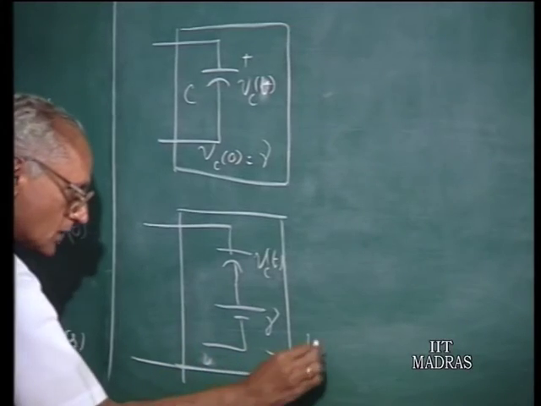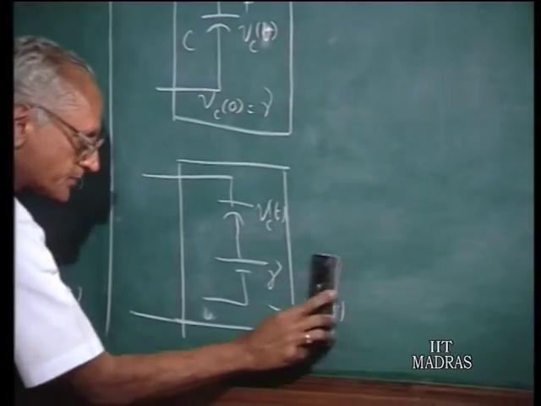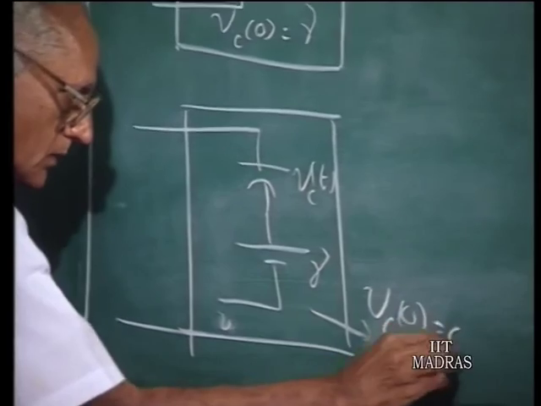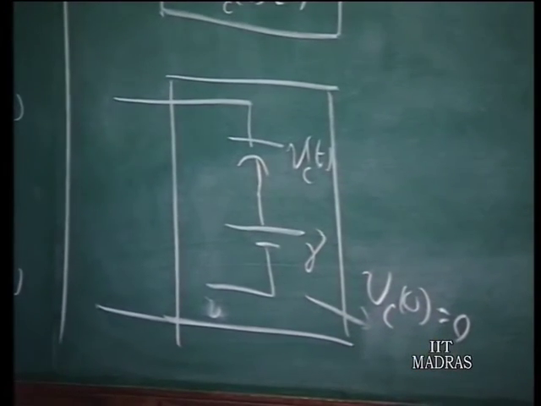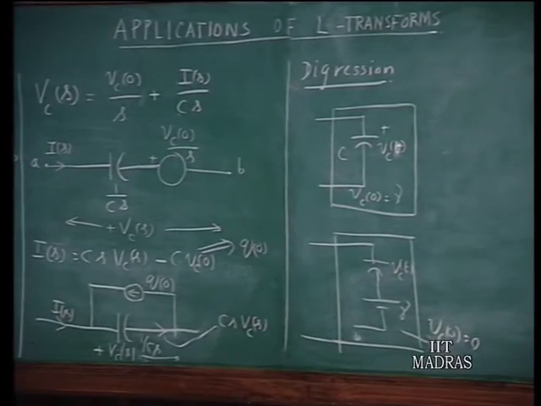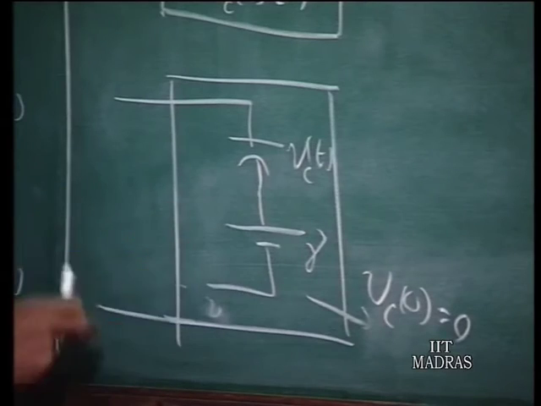That is, initially uncharged. So we have two situations. One, a capacitor which is charged initially to gamma volts, and another, a capacitor in series with a voltage source whose value is gamma, but the capacitor itself is initially uncharged.